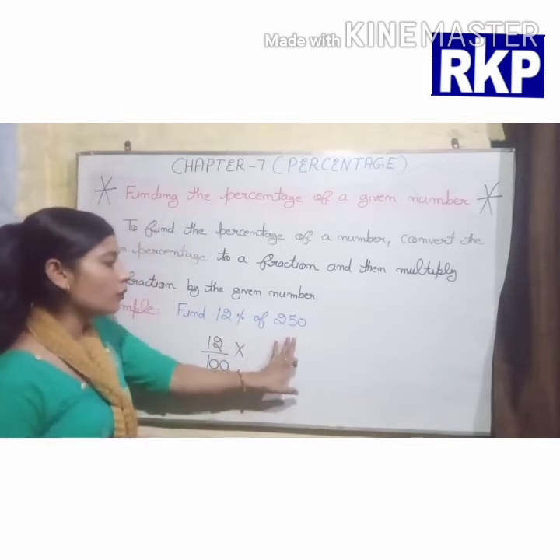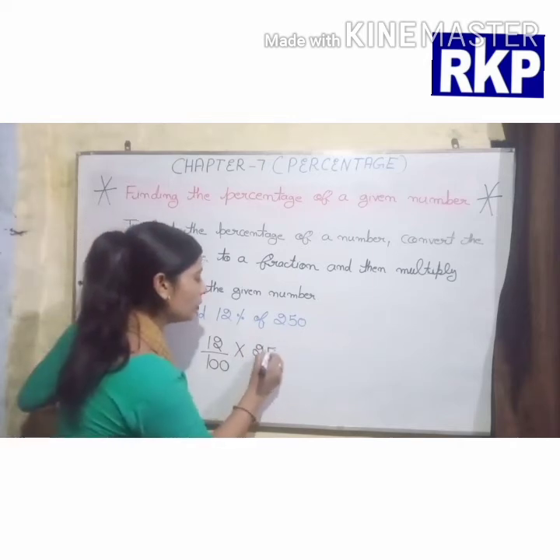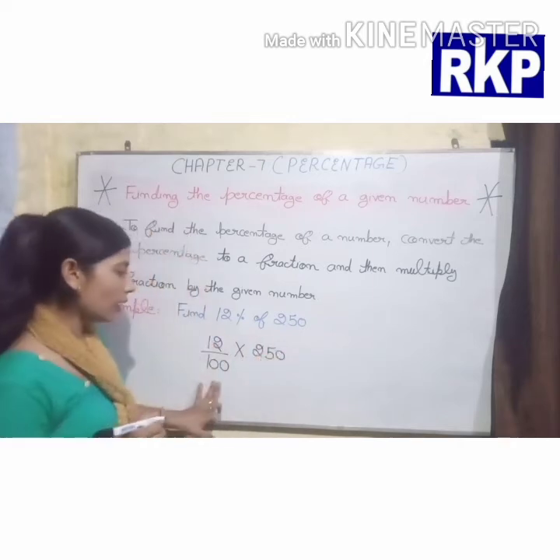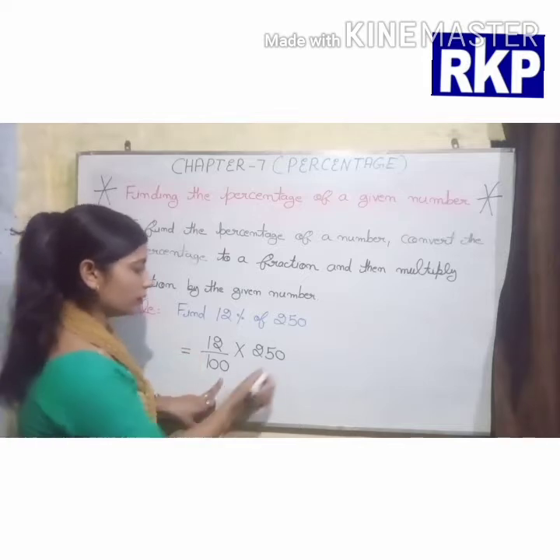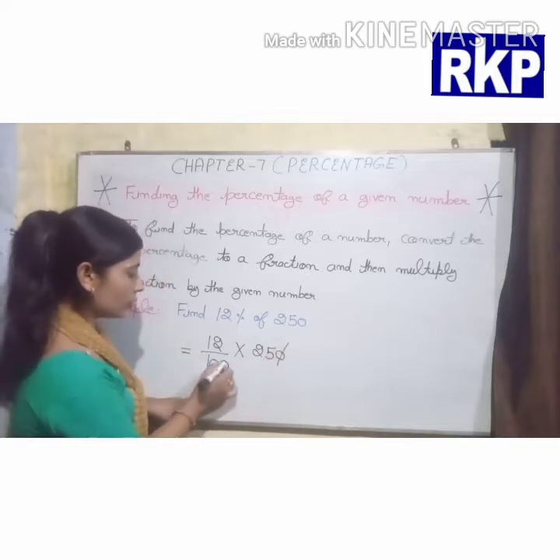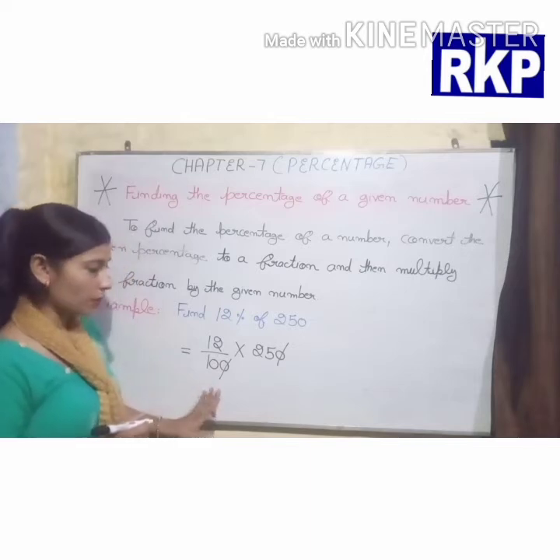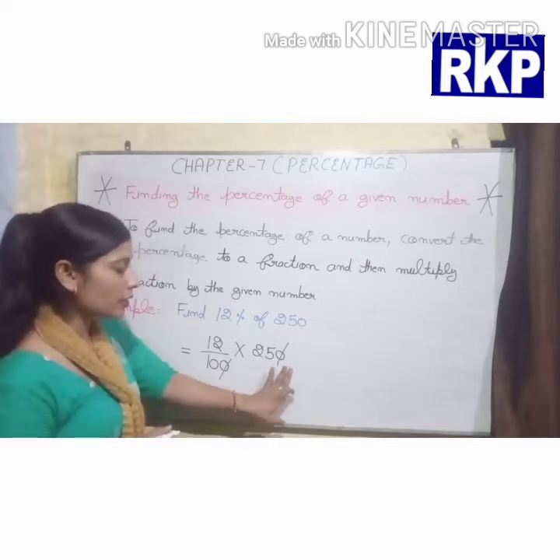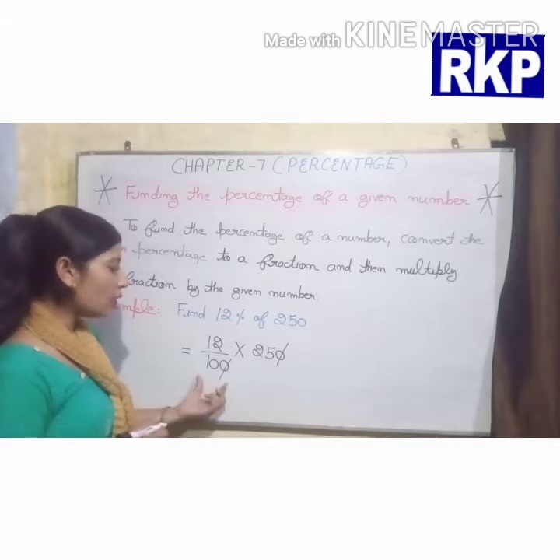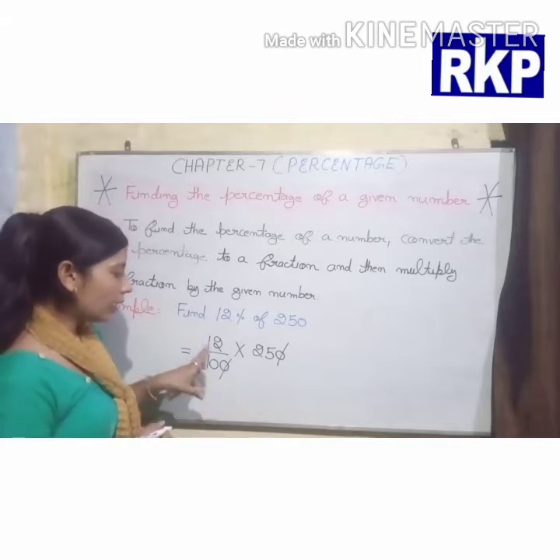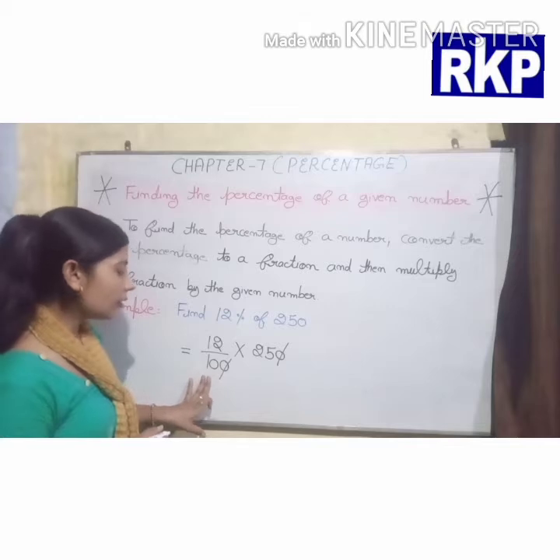Now we write 250. Here, beta, we can cancel this last 0 with this last 0, because 250 is the numerator and 100 is the denominator. Now we have here 12, here 25 and here 10.